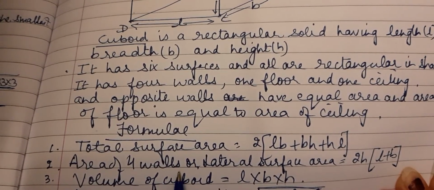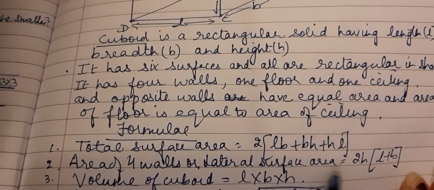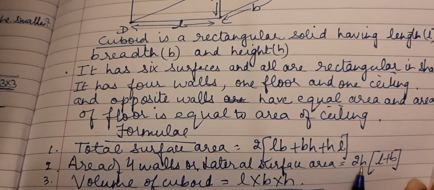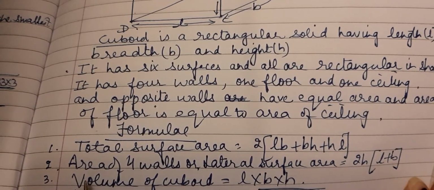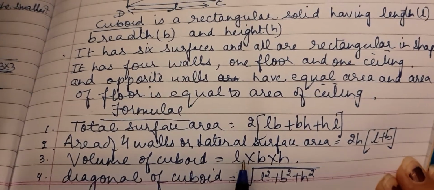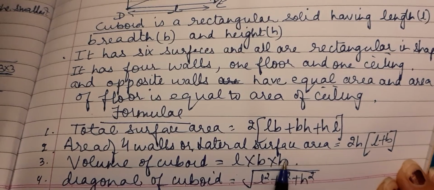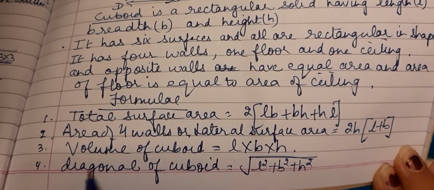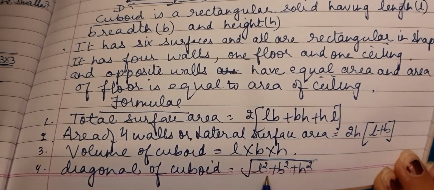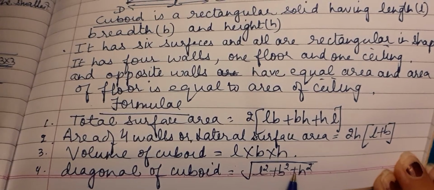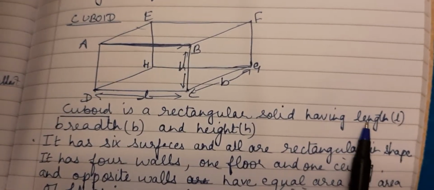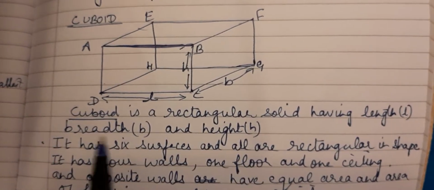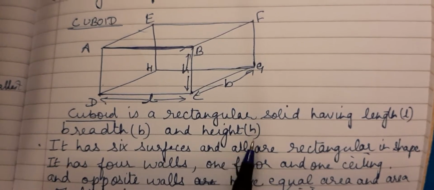Area of 4 walls or the lateral surface area, the formula will be twice H into the bracket L plus B. Volume of cuboid will be length into breadth into height, and diagonal of a cuboid will be under root L square plus B square plus H square. And I think you know what is LBH, as I have told you in the beginning only. Length is L, breadth is B and height is H.